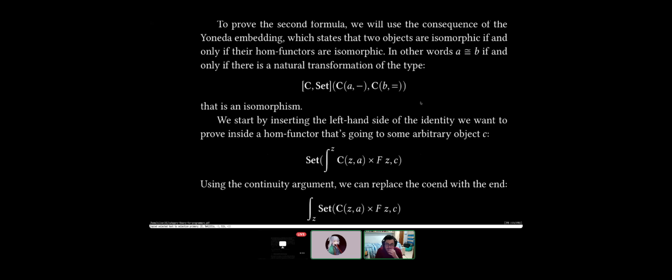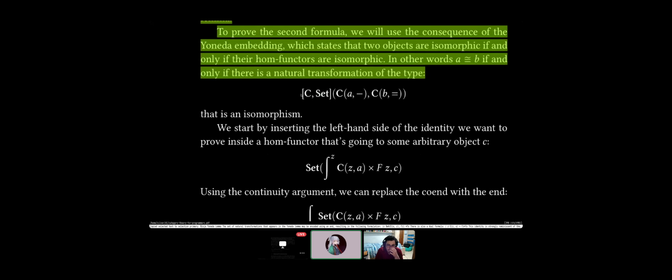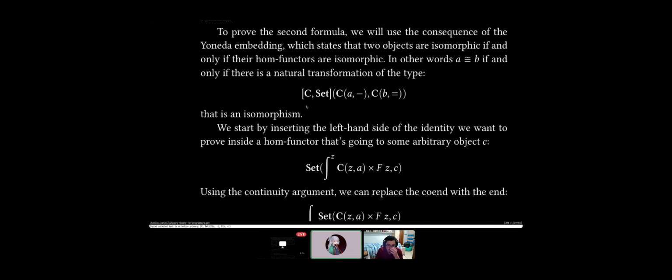So how do you read this? I forgot. If I'm not mistaken, this is a category of functors or natural transformations with the bars. I think it's functors actually.